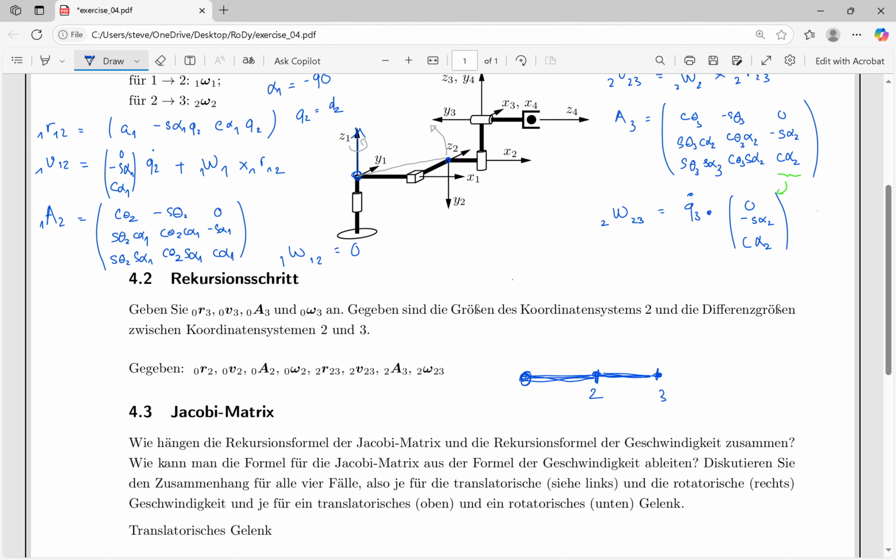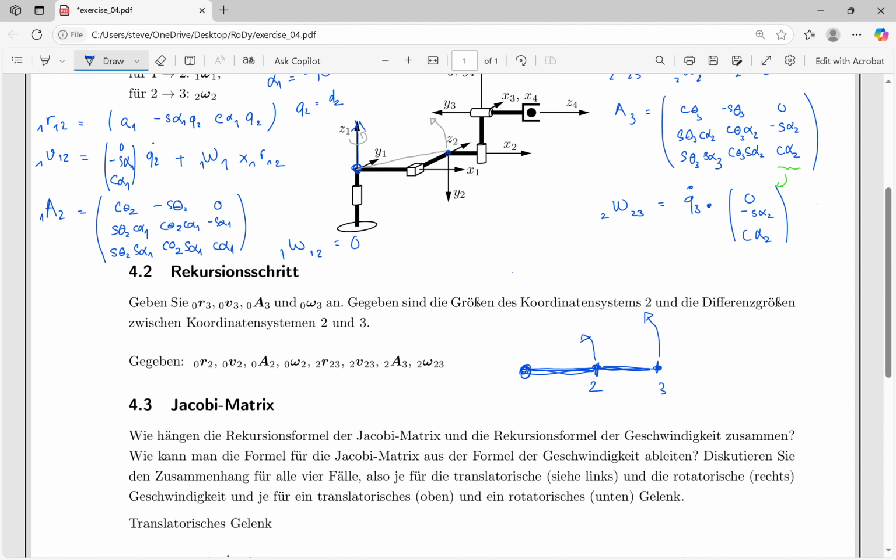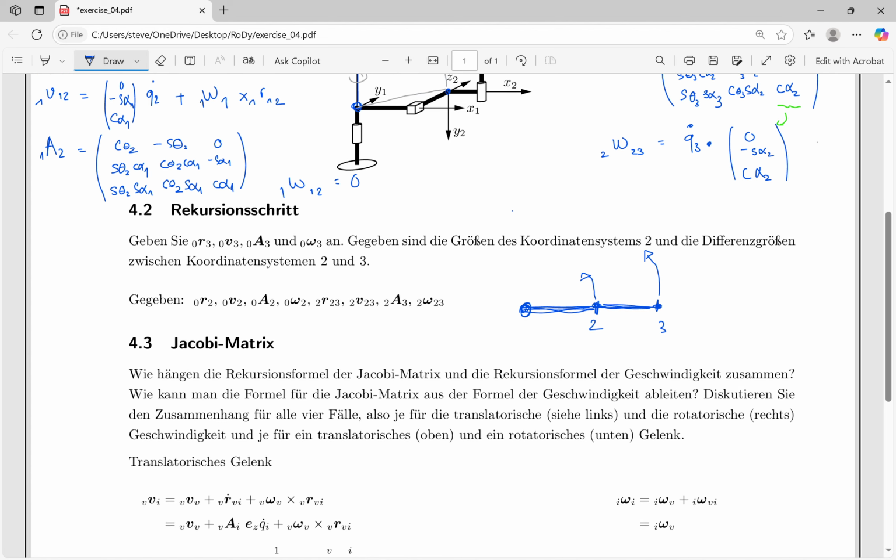And this is actually an axis that rotates like so. So in 2's frame, which looks like this, the coordinate system 3 is not moving. The R2 to 3 is constant, which is 100% correct.